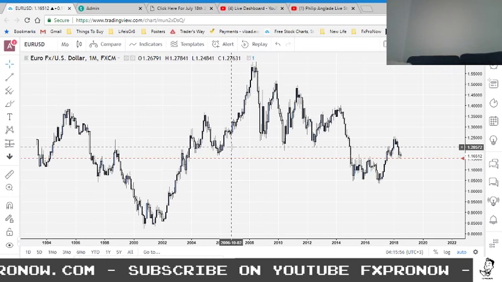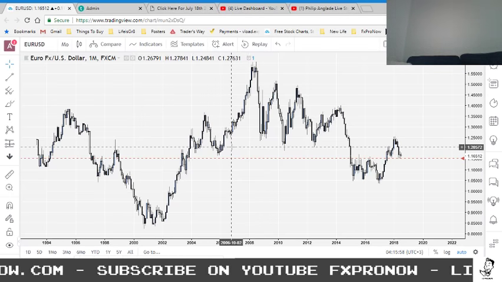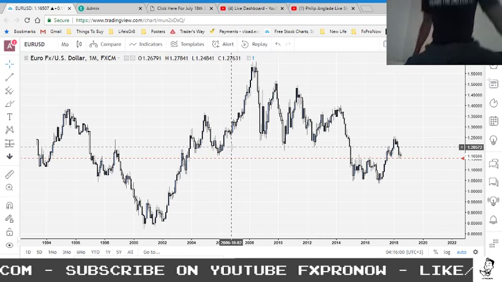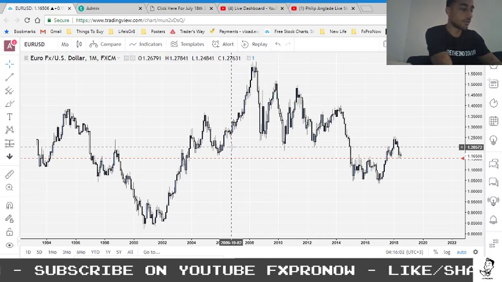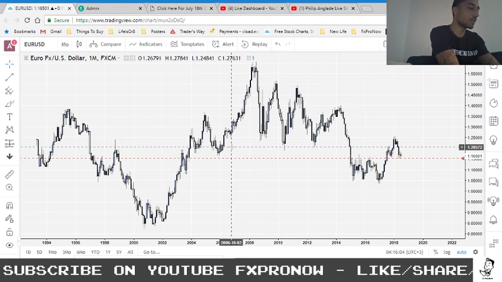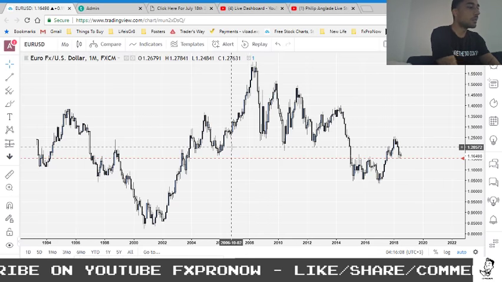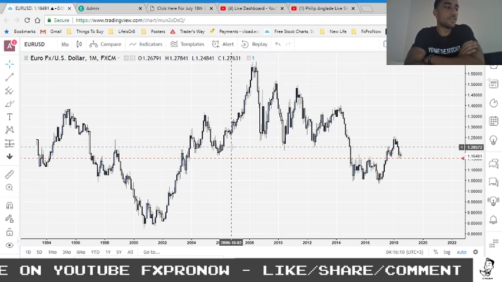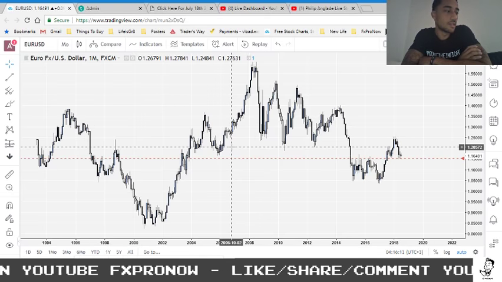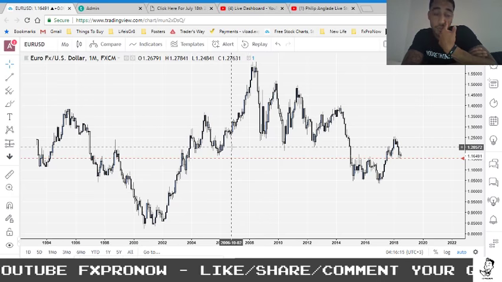So what we're going to do is start out by doing these things called monthly key levels. Now, what is a monthly key level? Well, a monthly key level is the largest type of support and resistance, and it's going to be on the monthly and weekly time frames.